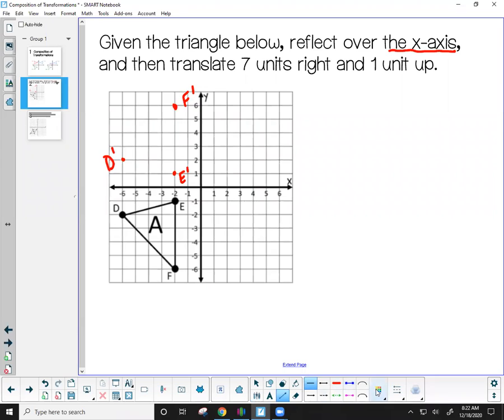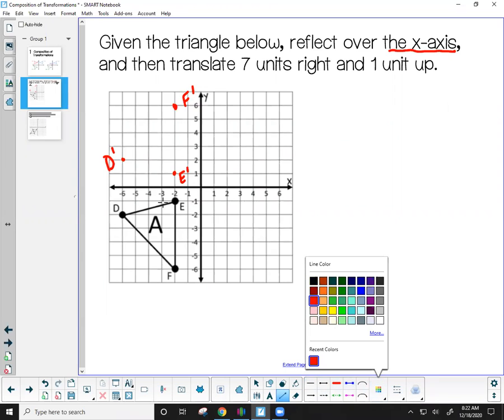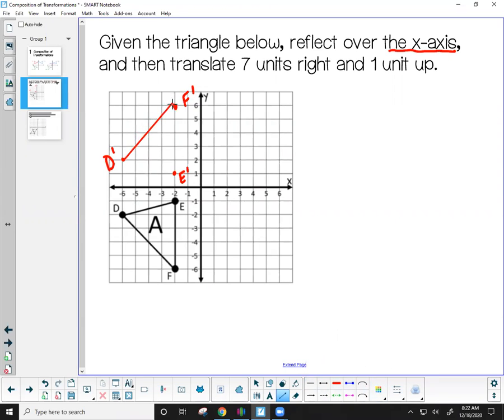Okay, so that's just reflecting over the x-axis, which again is not new to us, but now that creates our second triangle. If I want to call it B, we can call it B, whatever you want to do. Remember those little tick marks mean prime, meaning it's related to the original. Now it says translate 7 units right and 1 unit up.